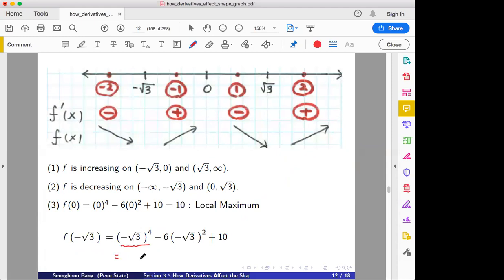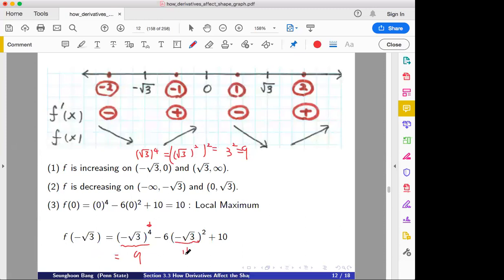This is right. The 4 is an even power, so it is exactly the √3 to the power 4. The √3 to the power 4 is √3 squared, squared. The √3 squared is 3, and 3 squared is 9.